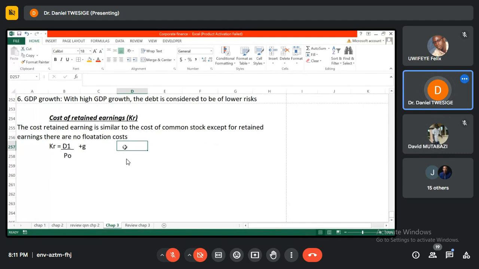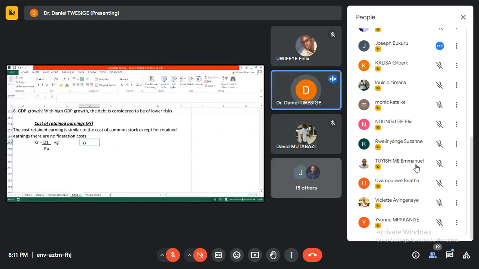So it's an opportunity cost. But what I think Joseph is saying is that there is no growth. And we are saying there is growth because you're expecting that the retained earnings would be growing.